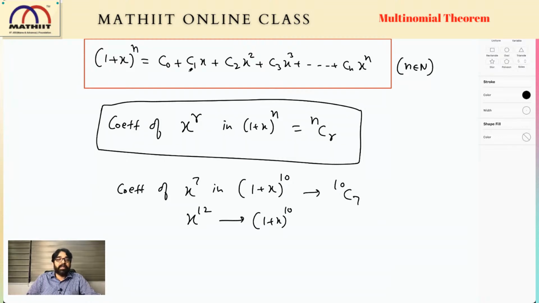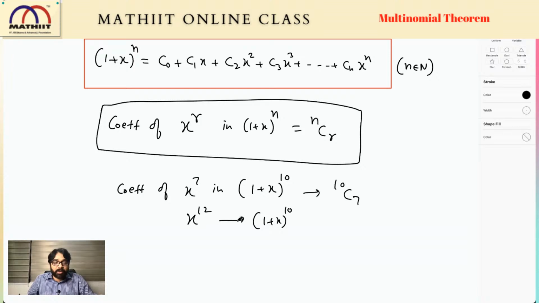If somebody has difficulty, look here. This is the expansion you have to memorize. Coefficient of x power 0 is C0, coefficient of x power 1 is C1, coefficient of x power 2 is C2, coefficient of x cube is C3. The coefficient of x power r will be what? Cr. Cr means NCr. The coefficient of x power 7 in 1 plus x power 10 is 10C7.